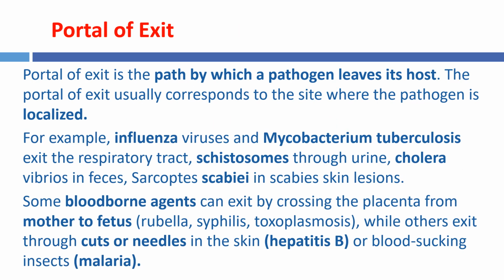The second part of the chain of infection after the reservoir is the portal of exit. Portal of exit is the path by which a pathogen leaves its host. The portal of exit usually corresponds to the site where the pathogen is localized in the body.